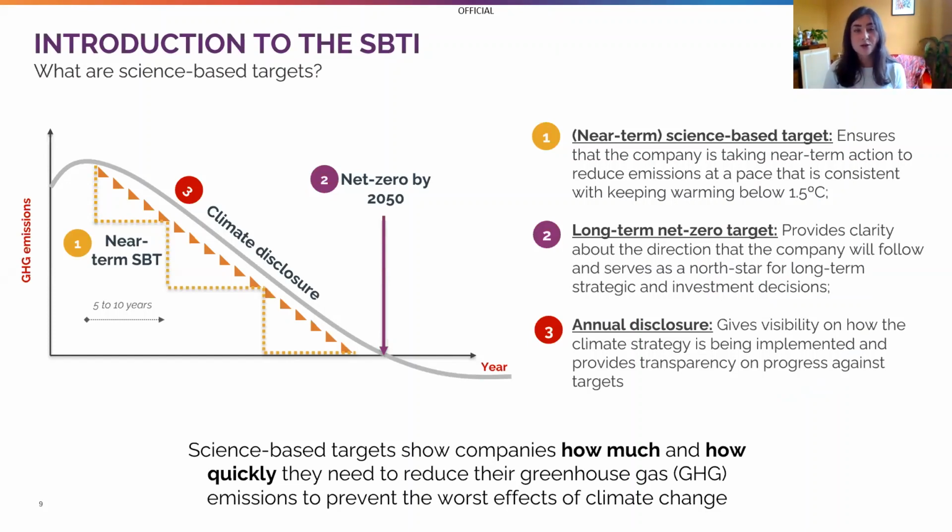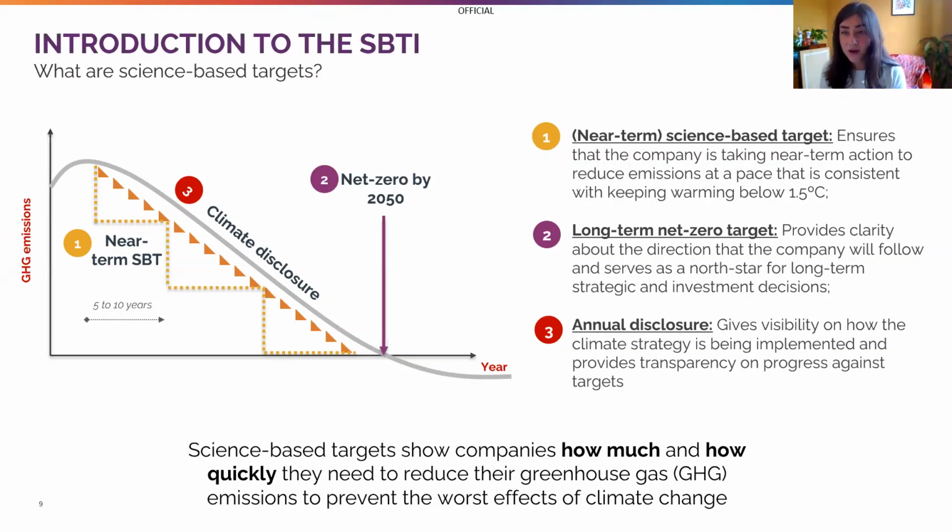So we do a few things. First of all, we create standards and methodologies for companies to set near-term science-based targets. So this is an essential element of what any company within the Science Based Targets Initiative must do. So these are 5 to 10-year targets that ensure that what the company is doing is aligned with keeping temperature goals below 1.5 C. We also released the net zero standard in October of last year.